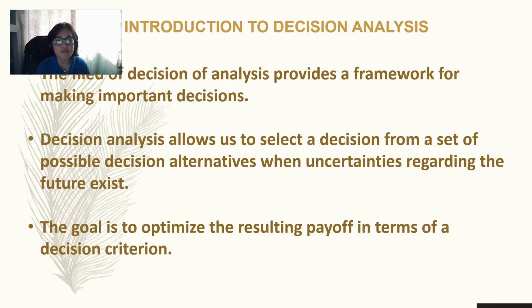And then decision analysis allows us to select a decision from a set of possible decision alternatives when uncertainties regarding the future exist. So in every decision tree analysis, there are alternatives or problems. Let's say, for example, your uncertainty at this point in time is whether it is good for you to continue college, or to just hold off on attending classes and continue doing what you are doing right now.